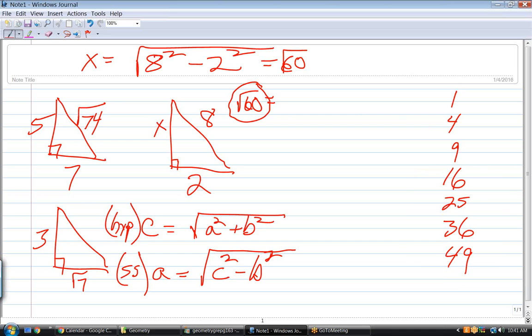Usually, for most radical numbers that can be simplified, always start by looking at 4, because so many numbers are divisible by 4. So, calculator, see if 60 is divisible by 4.